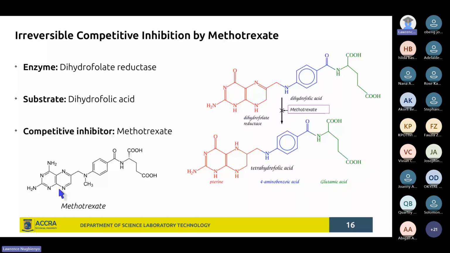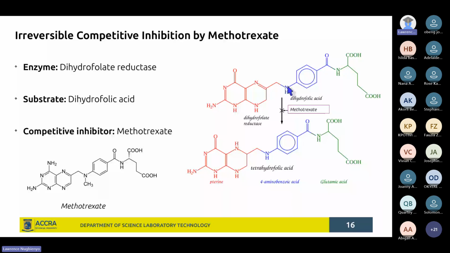And because of that, you have some double bonds in there, which you don't find in dihydrofolic acid. You have a methyl group on that nitrogen, where there is a conjugation between the para-aminobenzoic acid and the pteridine ring. There's a methyl group. In place of that is a hydrogen atom there on that nitrogen for the dihydrofolic acid.